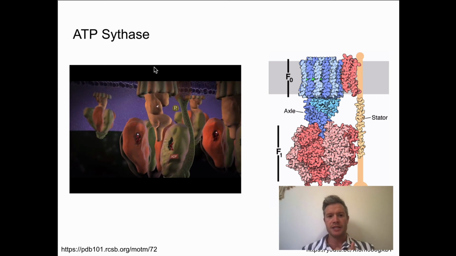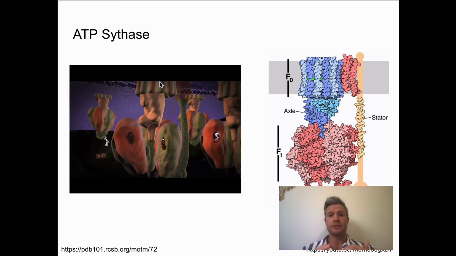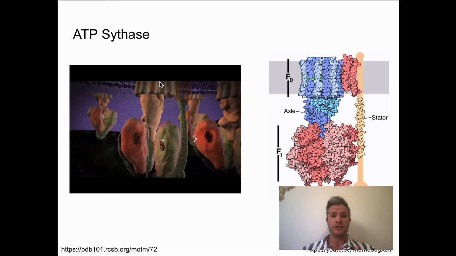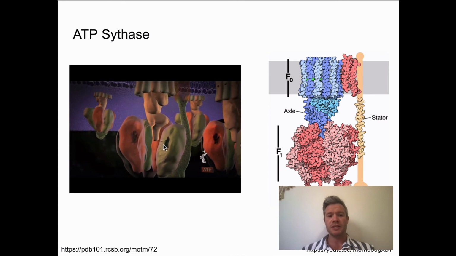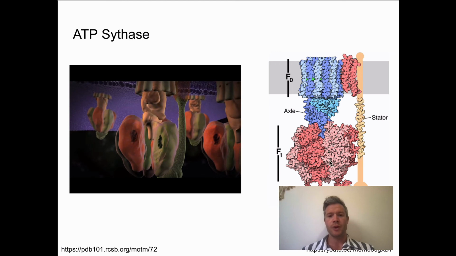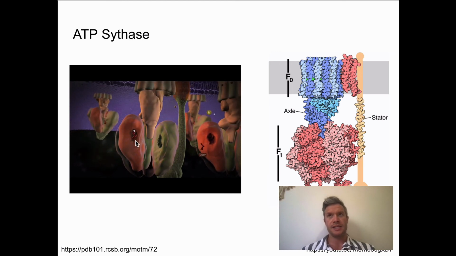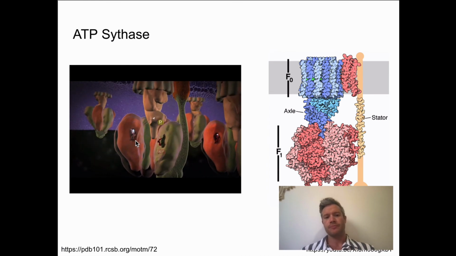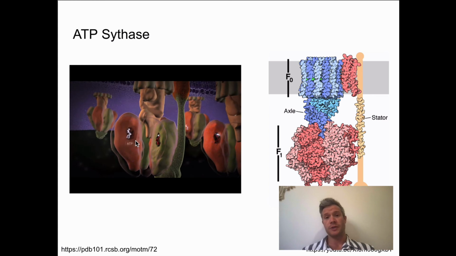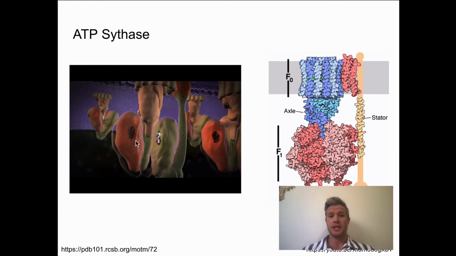As hydrogen protons flow down through it, it quite literally turns these protein structures to rotate. And as it does, it opens up these little pockets in this lower component that allow ADP and phosphate to enter and become phosphorylated and become ATP. Pretty cool, hey?